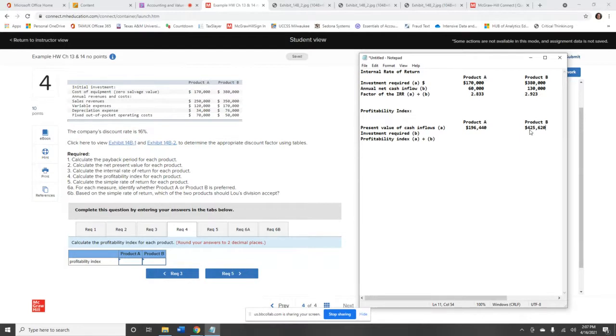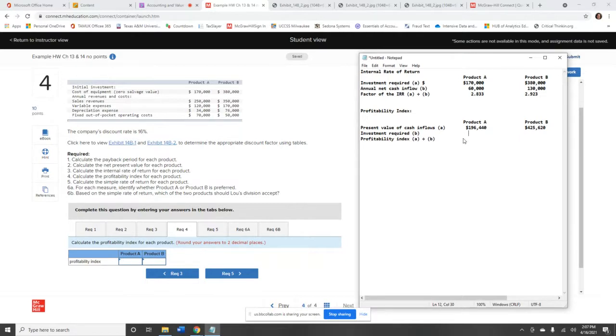Again, this is the net cash flow. At the end of year 1 you'd have $60,000, but you discount that. So after 5 years of getting 60,000 discounted, the present value of the cash flows is 196,440.